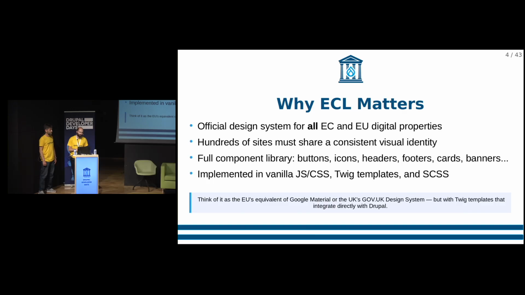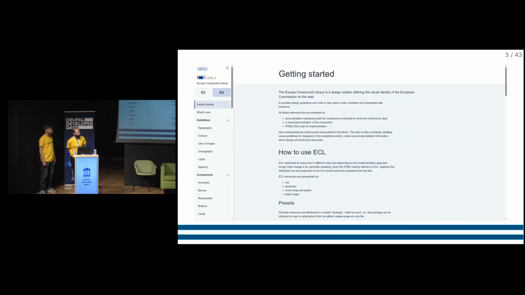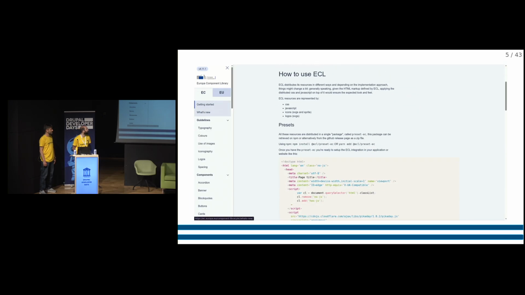It covers everything from design tokens to full page level components. And for us, what is very important is that it ships with Twig templates that integrate directly with the Drupal rendering engine.